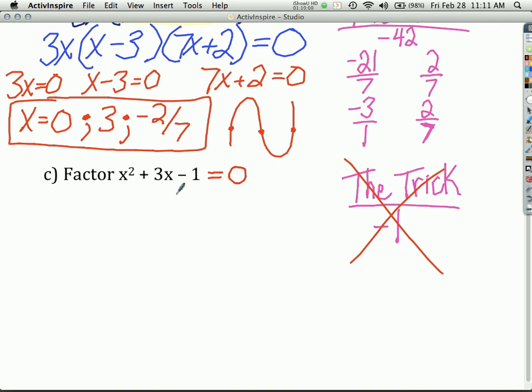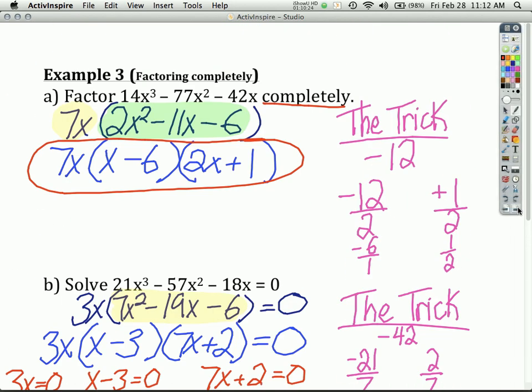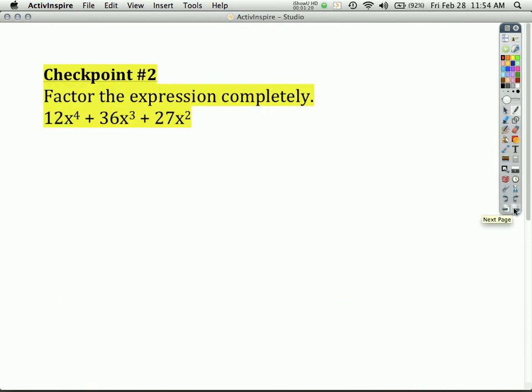X equals negative B, the opposite of 3, plus or minus the square root of B squared, 3 squared minus 4 times A times C, all over 2 times A. So that's what this is for. This is for the times when you can't do anything else. Okay? Good. You guys are doing a great job. So, let's check point number 2. Back to the expression completely.